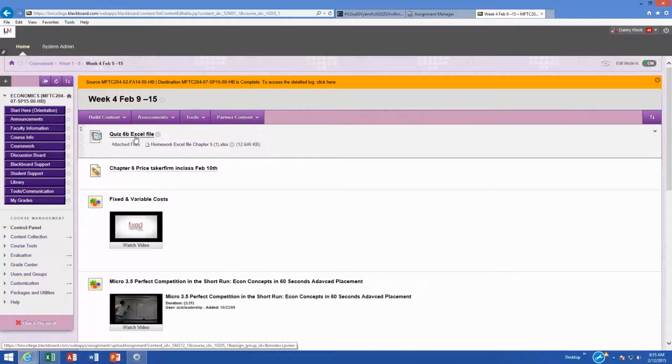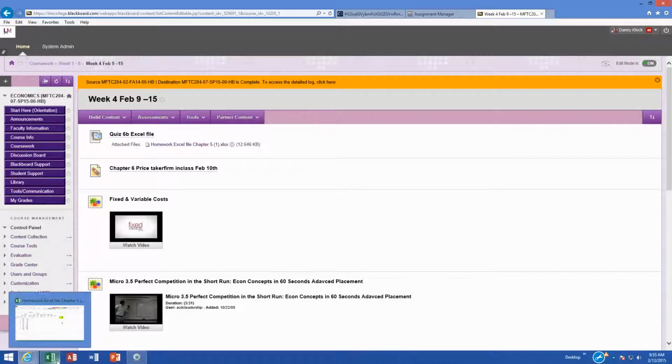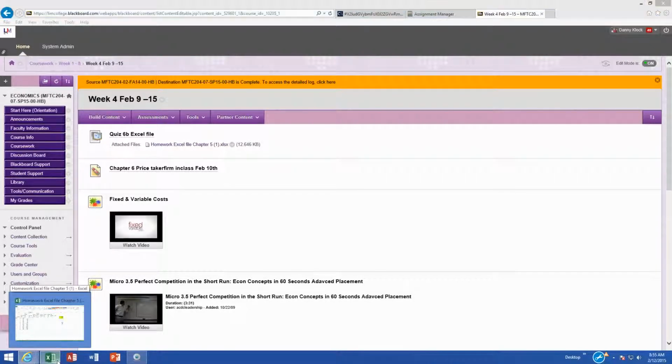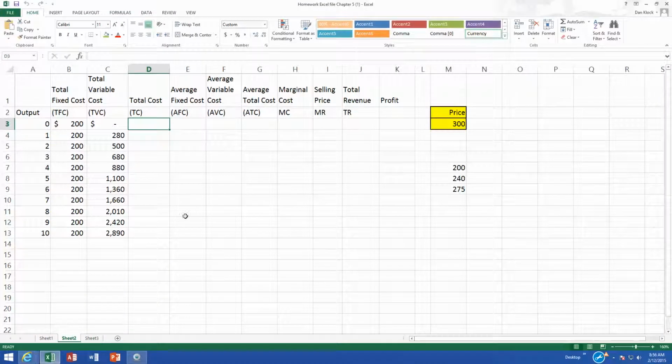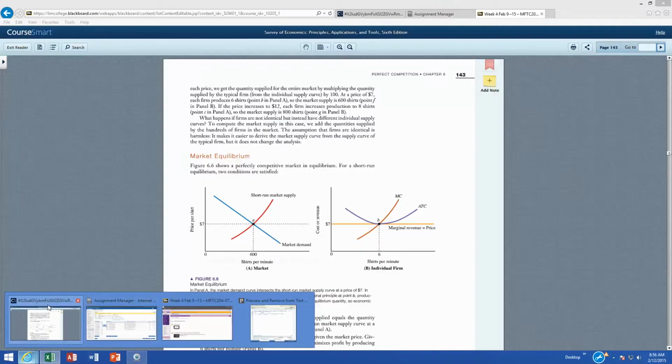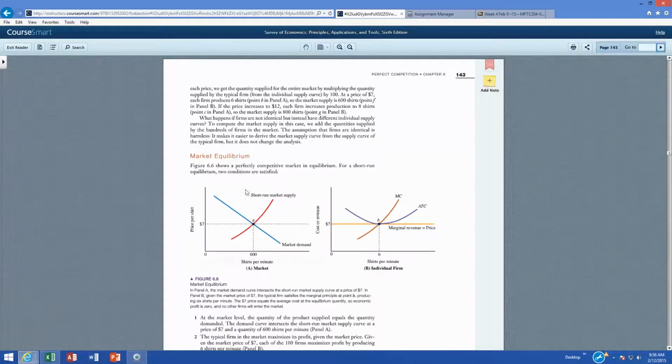I'm just gonna go create a couple of formulas here to help you with working with this perfect competition. So here I have this file open, and again, this is looking at an individual firm in perfect competition. So remember from the other day in class, this is in chapter 6, perfect competition. Again, they have the market on the left where you get the supply and demand.